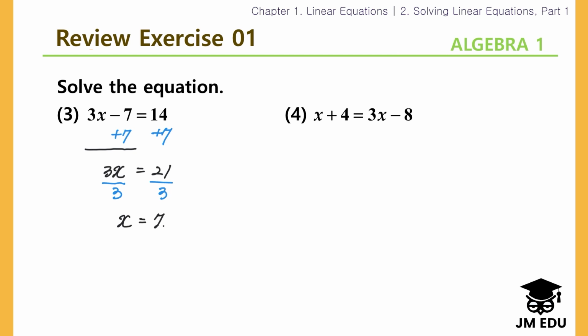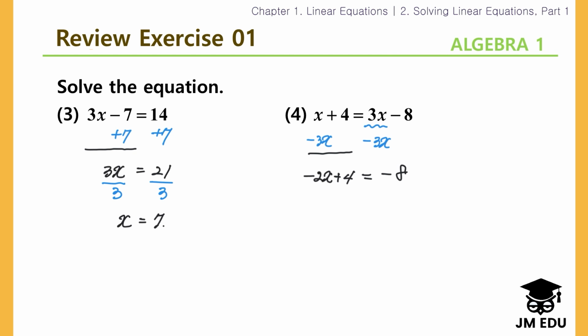Number 4. The first step, we're going to remove this 3x on the right hand side by subtracting 3x each side. So on the left hand side, x plus 4 minus 3x, x minus 3x, that's minus 2x, and we have plus 4 is equal to negative 8.